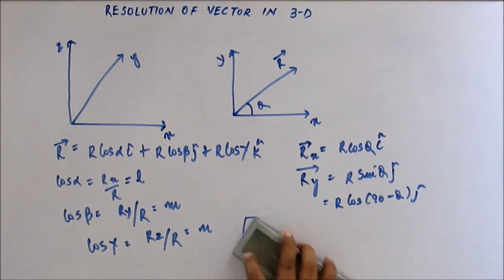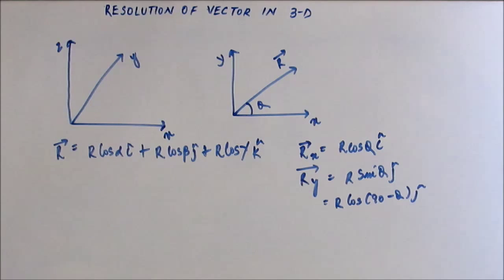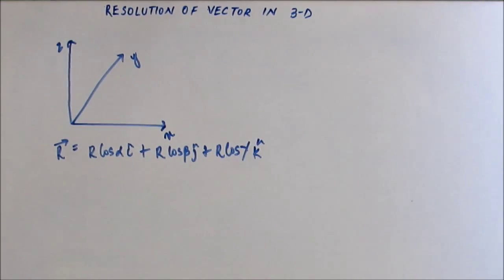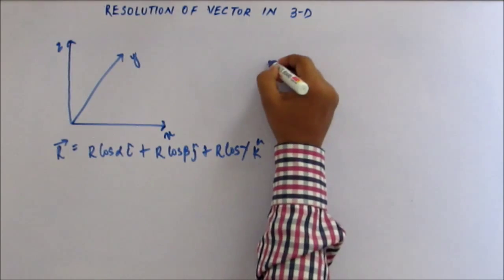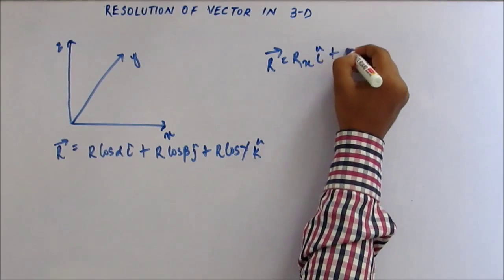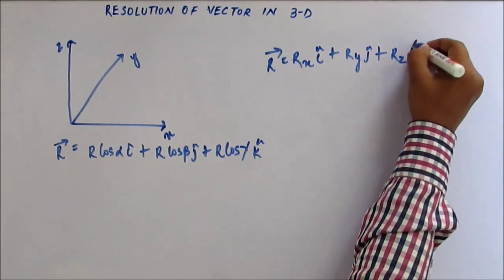Okay. Now, given that you have resolved the vector along x-axis, y-axis, and z-axis, suppose you have written the R vector as Rx i cap plus Ry j cap plus Rz k cap.